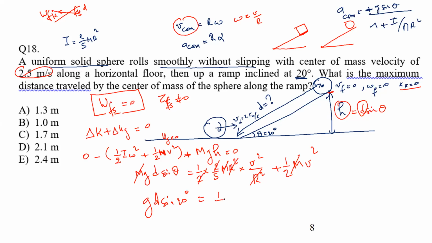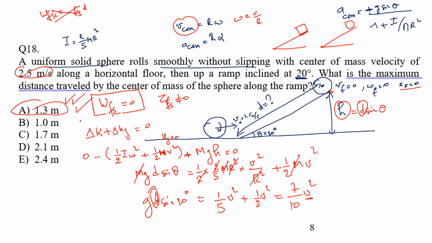I'll have 1/5 of V square plus 1/2 of V square, which is 7 divided by 10 V square, with V being 2.5. So my only unknown is D, and D will give me 1.3 meters. Here I have been using conservation of mechanical energy. And I solved this problem in class, by the way.